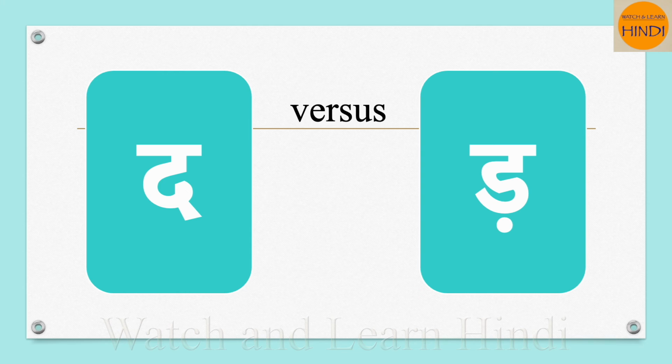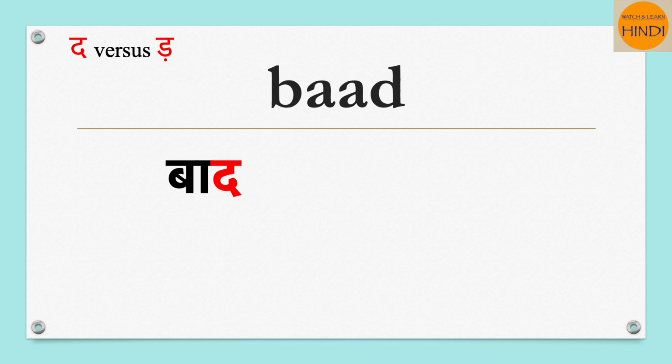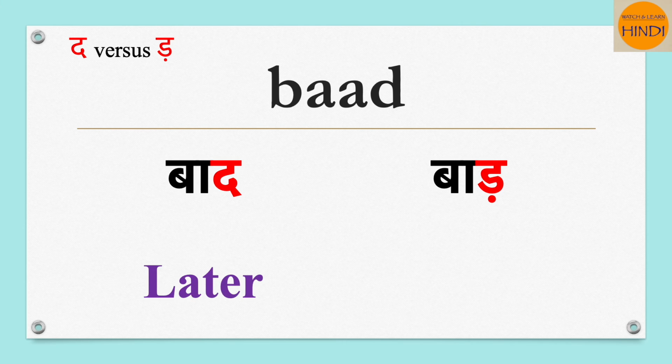Next, let's look at the versus r. So B-A-A-D can be either bad or bad. If it is bad, it means later. Bad is hedge, as you have hedge around your house, around the garden.